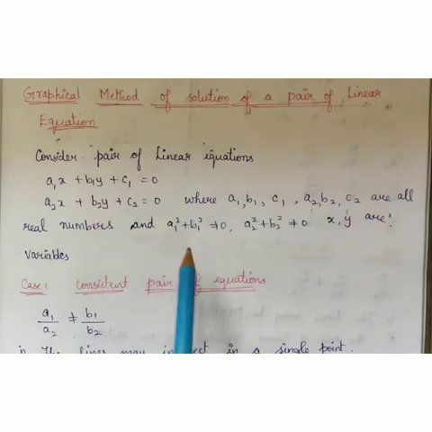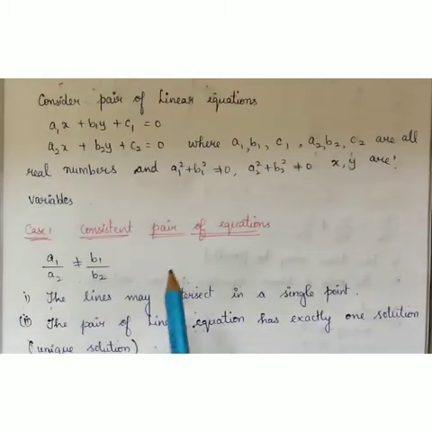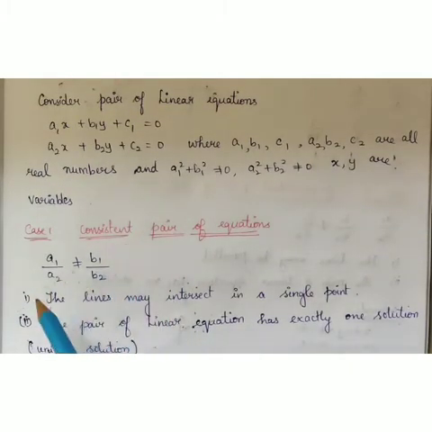While substituting in the graph or while solving this, what cases are possible, that we are going to see here. First one, case 1, consistent. We have seen at the start, in representing graphically, if two lines intersect at a single point, we will get exactly one solution.